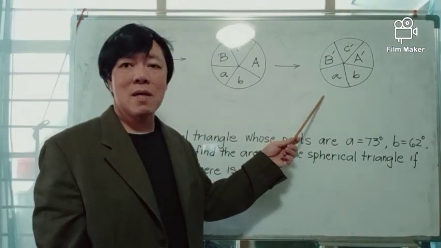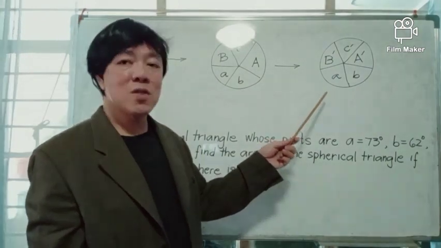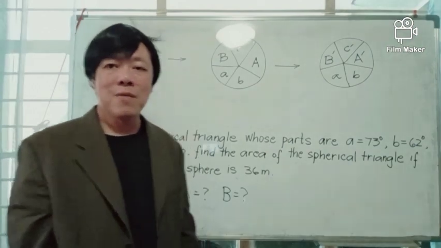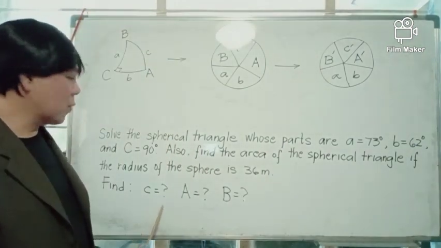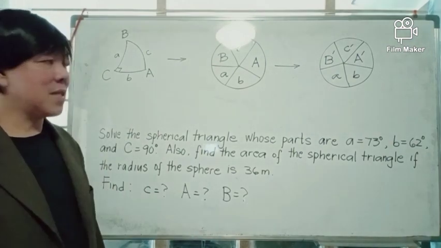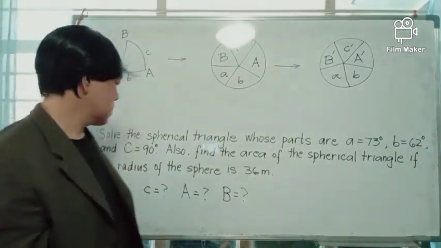Now we write the equation using the mnemonic device and Napier's rules, from which we can solve for one of these three unknown parts of the right spherical triangle.